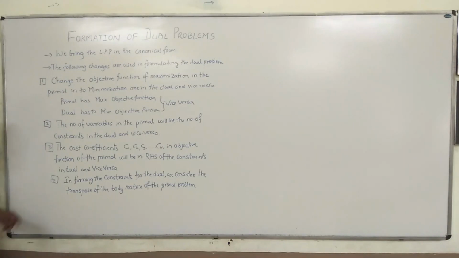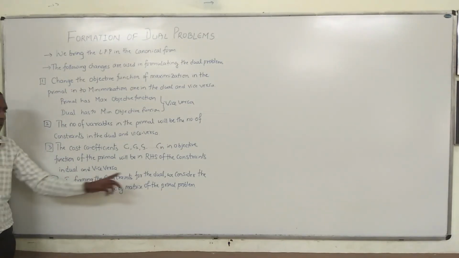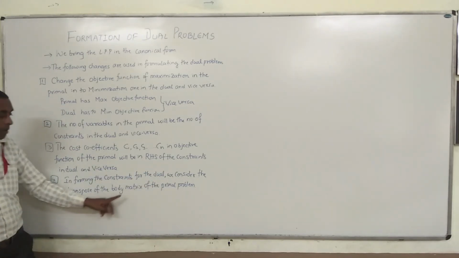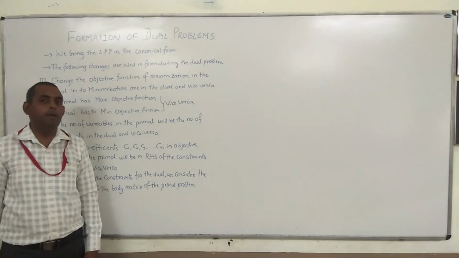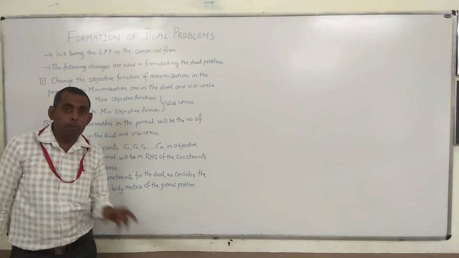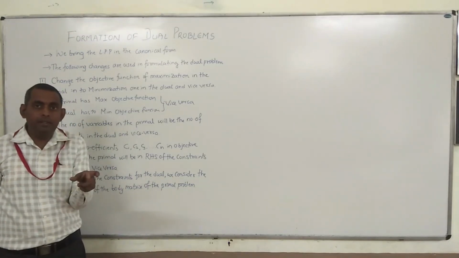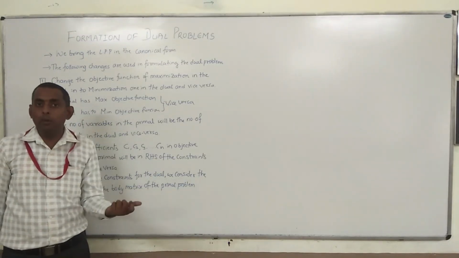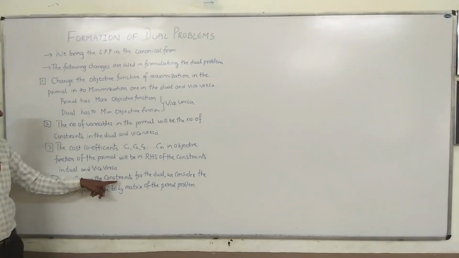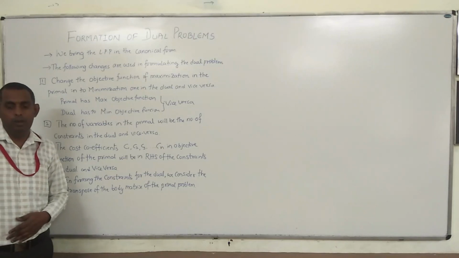What happens here? In forming the constraints for the dual, we consider the transpose of the body matrix of the primal problem. We find the transpose of the primal problem's body matrix, and that transpose is nothing but the constraints of the dual. Fine.